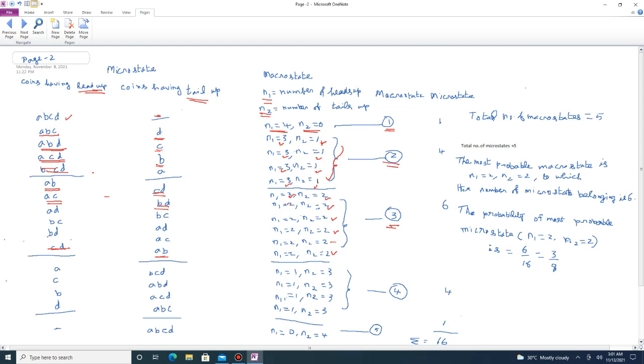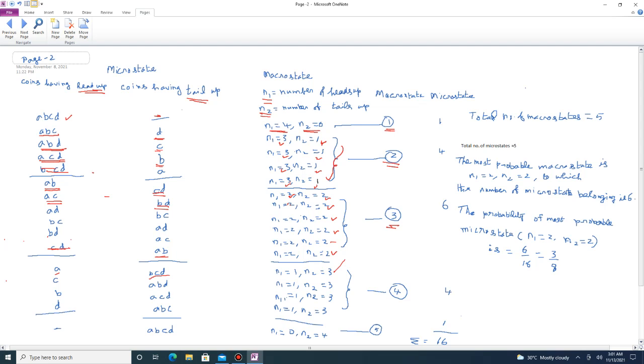So if one coin A is head up, then B, C, D, the 3 coins, are tail up. In this case, N1 is equal to 1, N2 is equal to 3. So this is one possibility. Another possibility is when one coin C is head up, and the remaining 3 coins A, B, D are tail up.